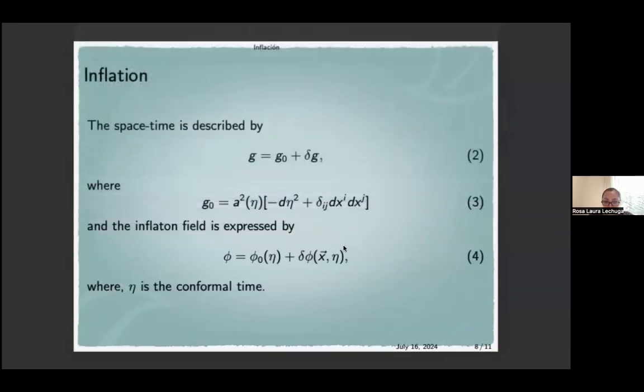So then, okay, it was really good to have an explanation for the naturalness problems, but the fact that inflation gives us a theory for the primordial structure becomes the strong part of the model.